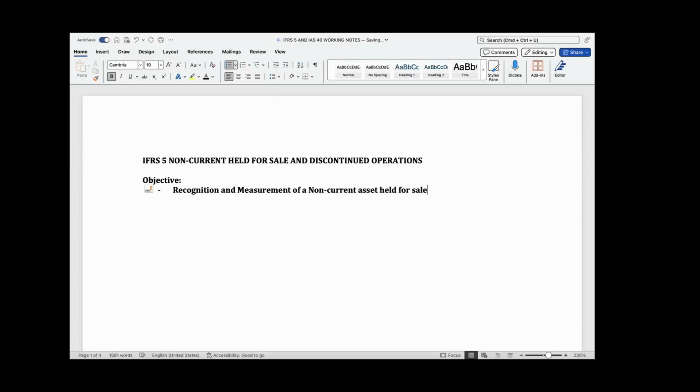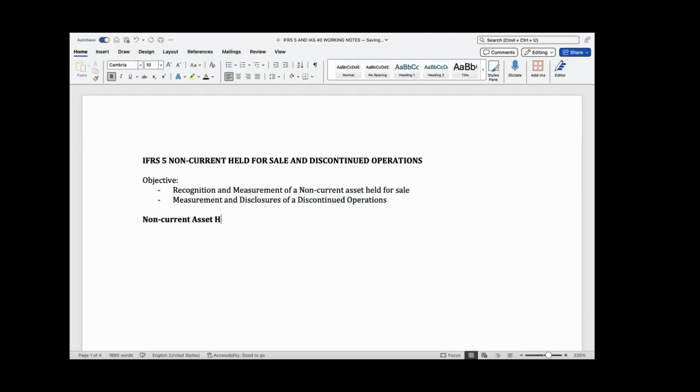Then we would also look at measurements and disclosures of discontinued operations. So today we are looking at two separate items that are put together in a standard, which is non-current asset held for sale and also discontinued operations.